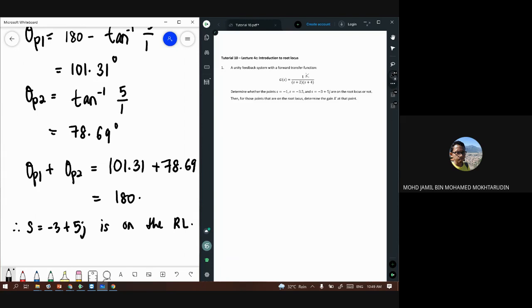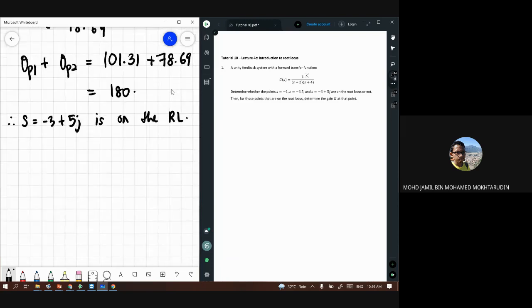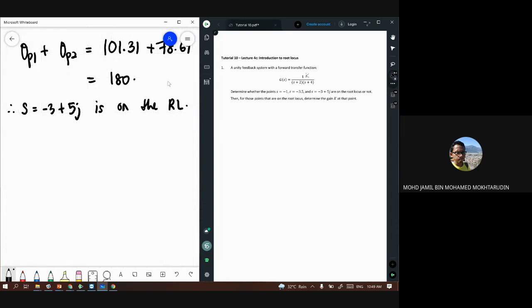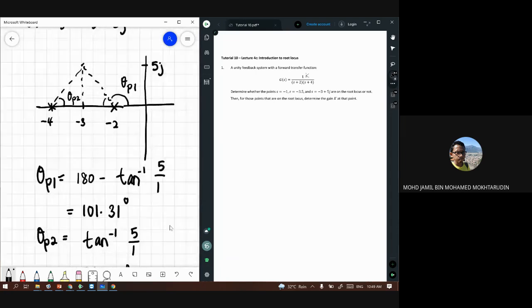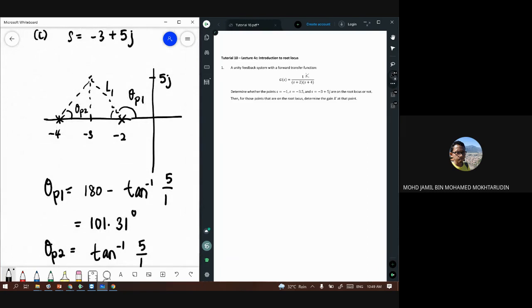Okay. Then we need to determine the length. So we determine this length here, L1 and L2.